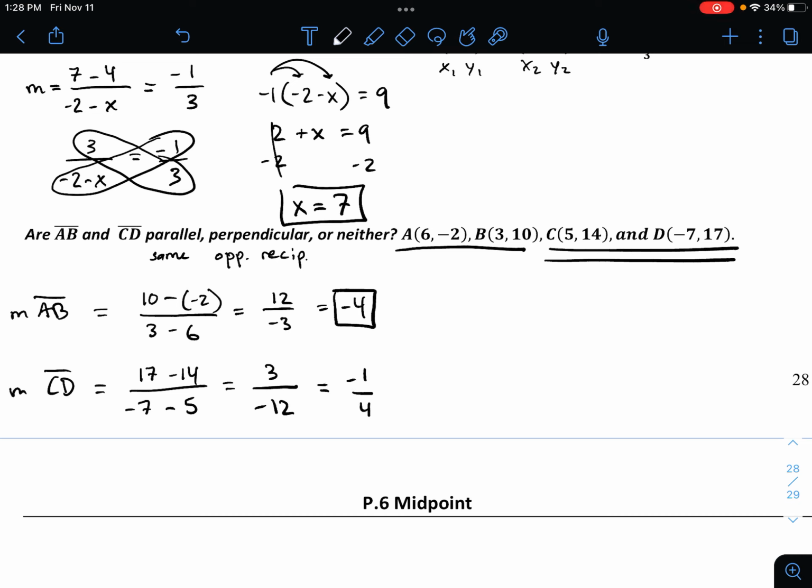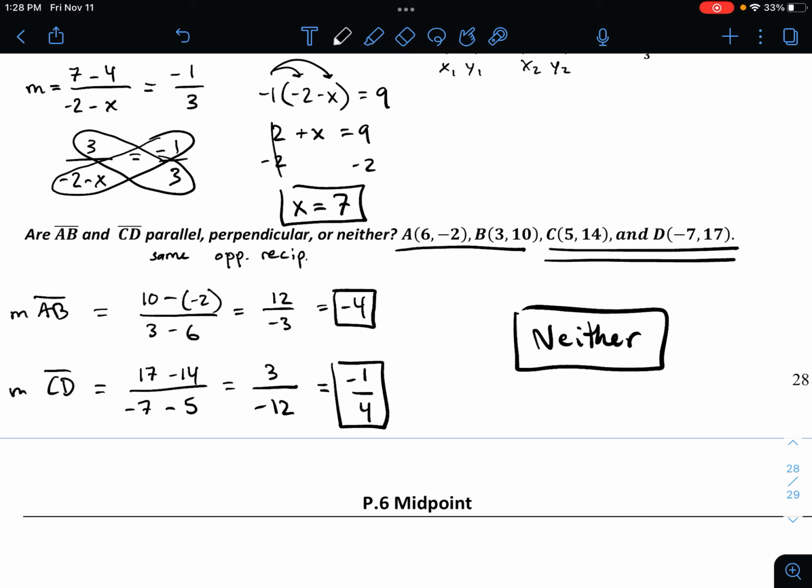This reduces to be negative 1/4. So if we look at these two, well, they are reciprocals, right? If I flip 4 over 1, that becomes 1 over 4, but they're not opposite, right? They're both negative, and so our answer here is going to be neither. These are not going to be parallel, nor are they going to be perpendicular to each other.